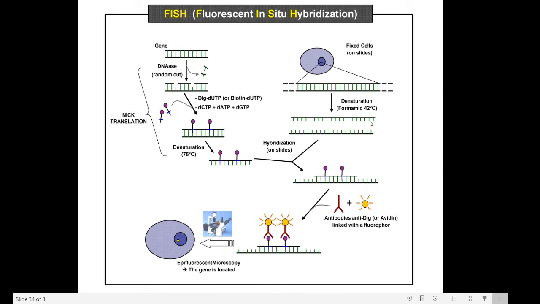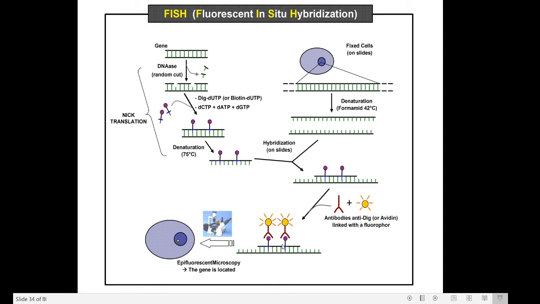On the other side we have the fixed cell. This cell has the DNA, this normal DNA, and this normal DNA is denatured. The denatured normal DNA and the denatured modified DNA are hybridized here. This modified DNA has dNTPs carrying the biotin label.